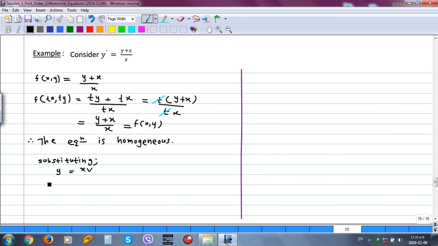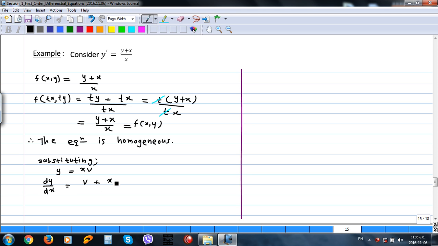Then we get dy/dx = v + x dv/dx. Then I consider this equation as 1.